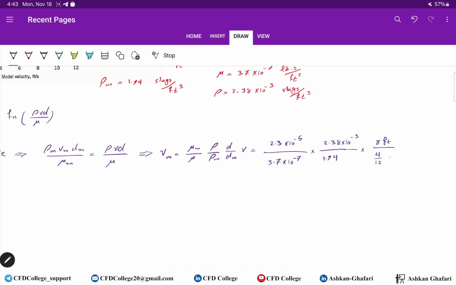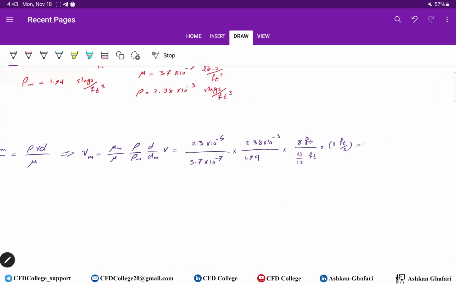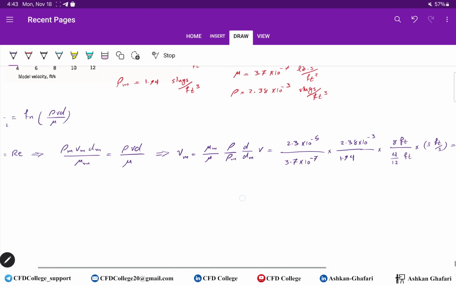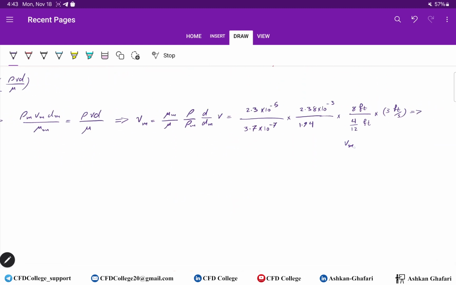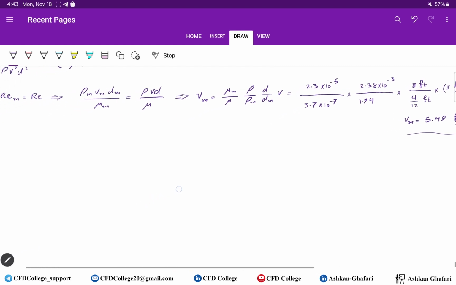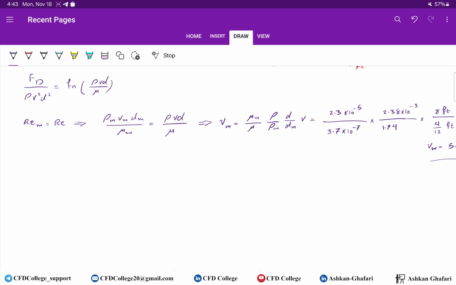Don't forget to do the conversion, divided by 12, and the velocity is 3 feet per second. So Vm equals 5.49 feet per second. Now we should go for the similarity of the drag coefficient.